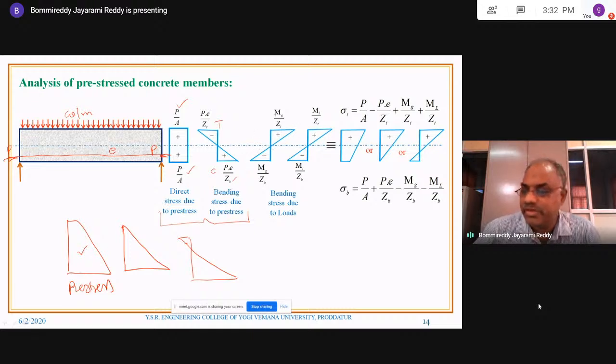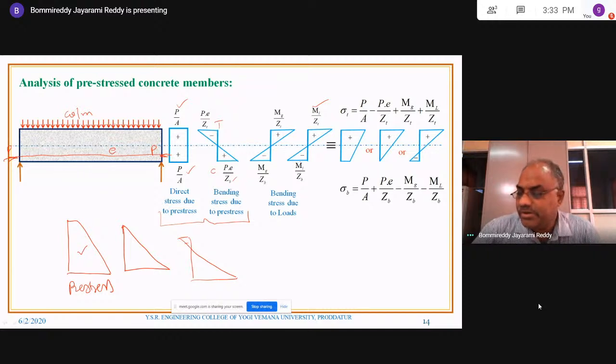And another one is the externally applied load. If W is the externally applied load, ML is the moment due to load, which is WL square by 8 in case of a uniformly distributed load, or with any other loading, accordingly find the magnitude of bending moment. And accordingly M by Z will be the bending stress.